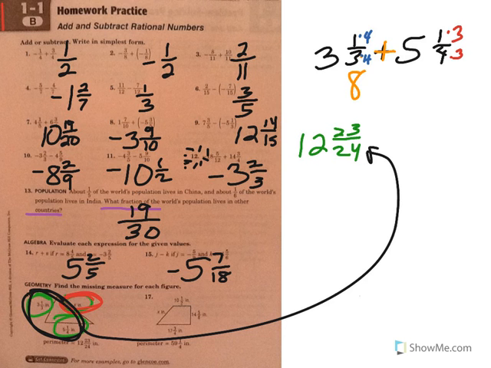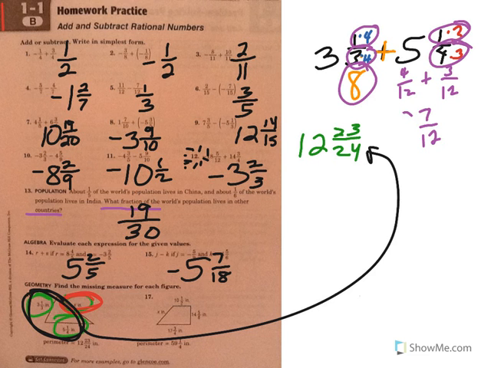It's going to be 8 and 4/12 plus 3/12 is 7/12. So we have 8 and 7/12. We're going to subtract that from 12 and 23/24. We need a common denominator again, so we'll do times 2 to make 24.